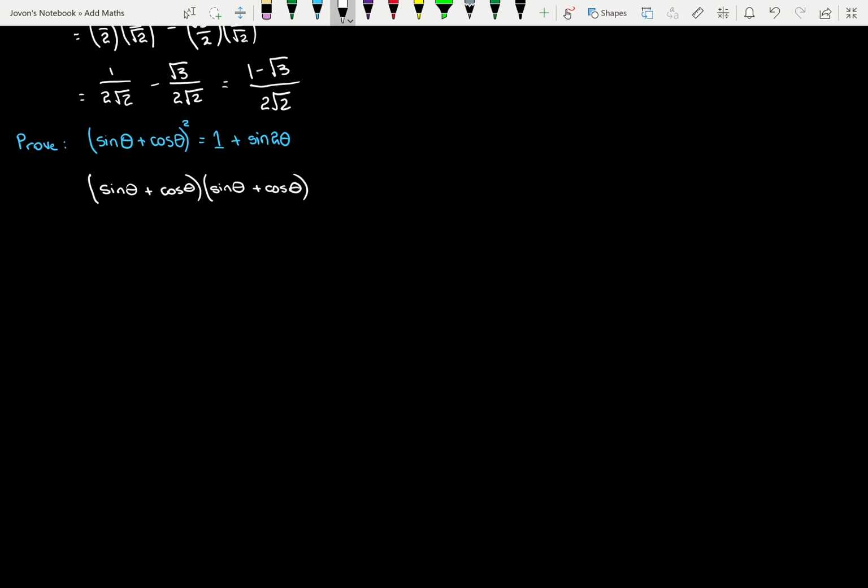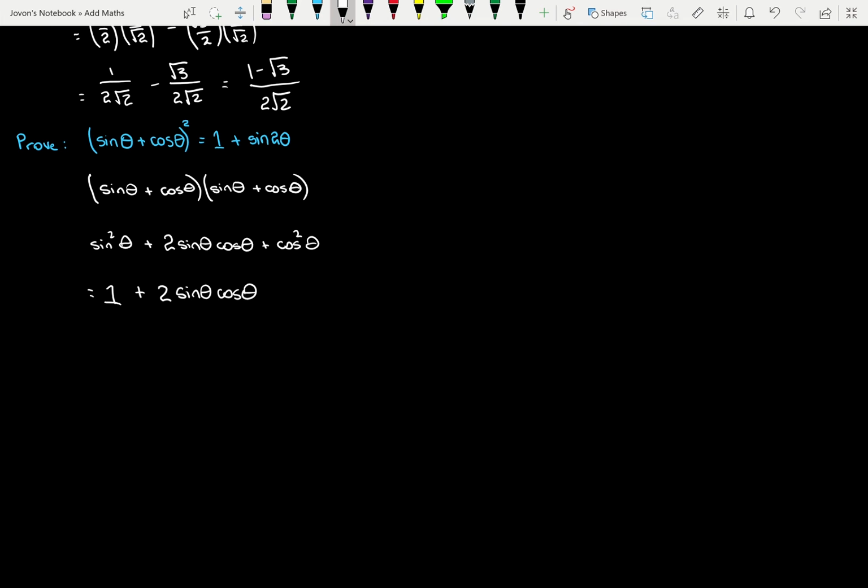Expanding this, we get sine squared theta plus 2 sine theta cosine theta plus cosine squared theta. Now remember sine squared theta plus cosine squared theta is 1, so this is 1 plus 2 sine theta cosine theta.